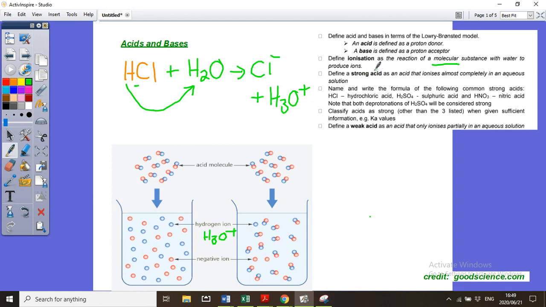The next thing that they speak about is the complete ionization of a strong acid and partial ionization of a weak acid. If you look at the diagram here, I start off with my acid molecule, which could be HCl if it was the strong one. All my Cl minus ions are these little red ones. There are none of them still as a molecule connected to each other.